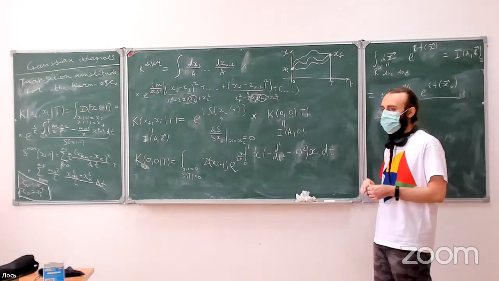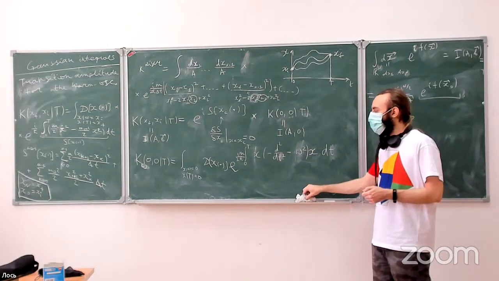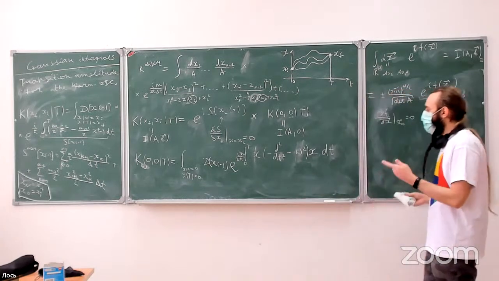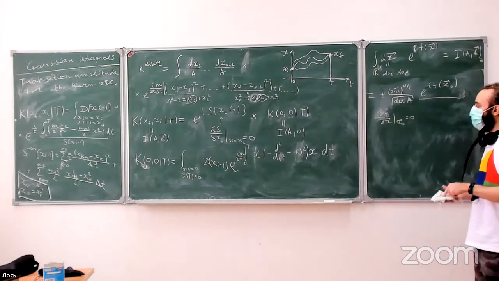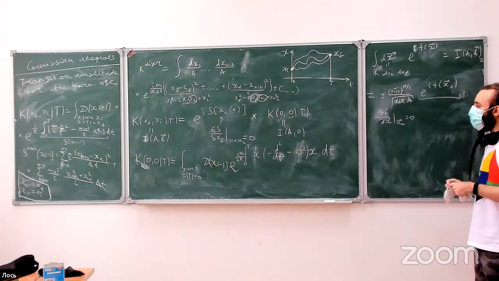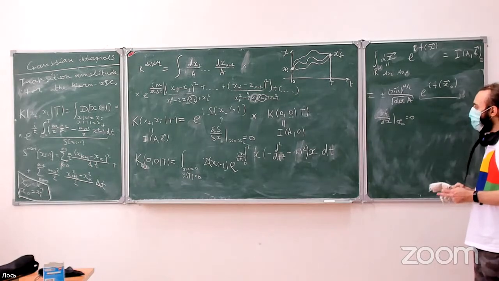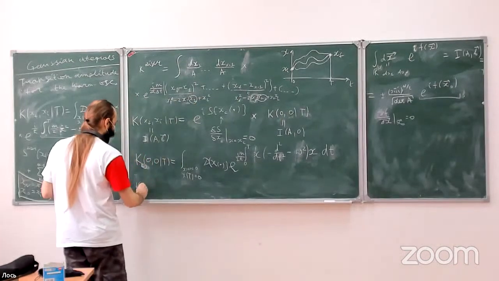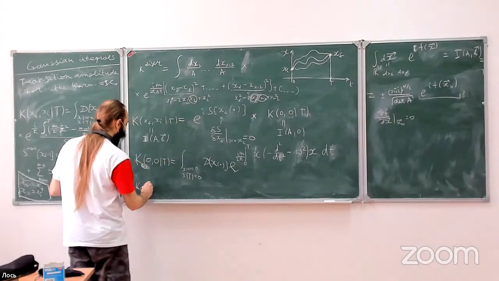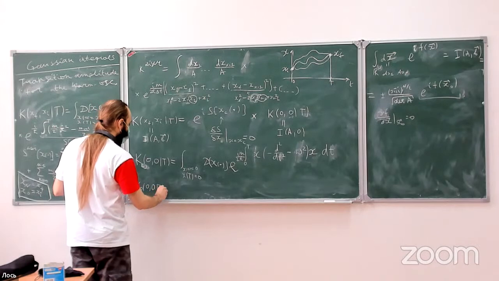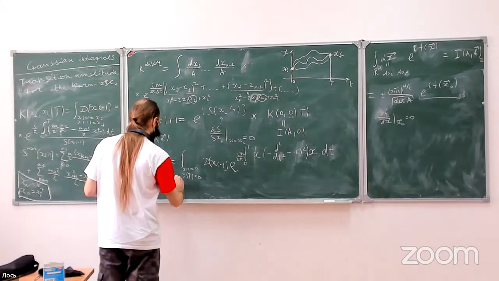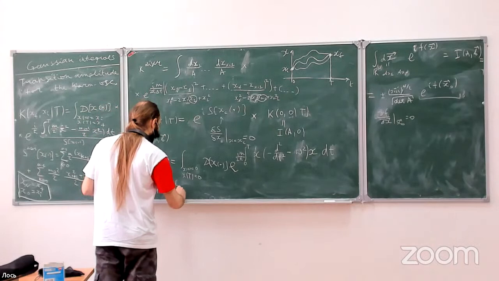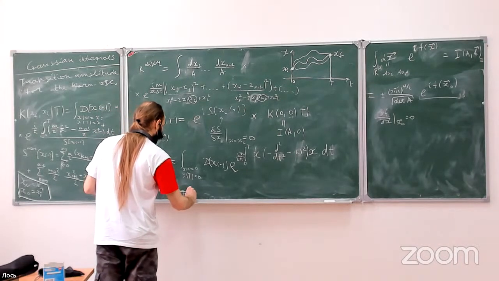It's a free particle, and so we could obtain this from some other computations. And we already know that K0 of 0, 0, t is 1 over square root of 2 pi i h bar t over m.